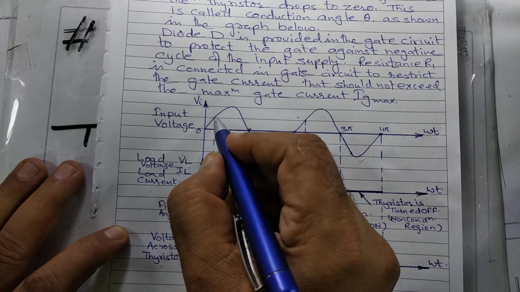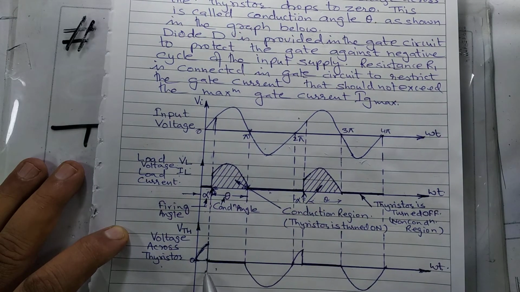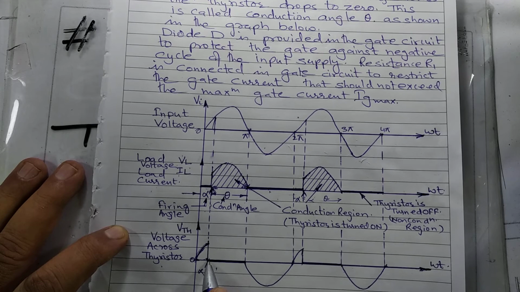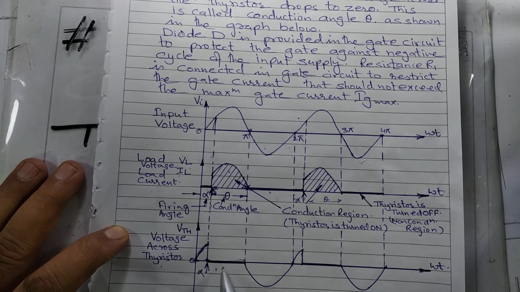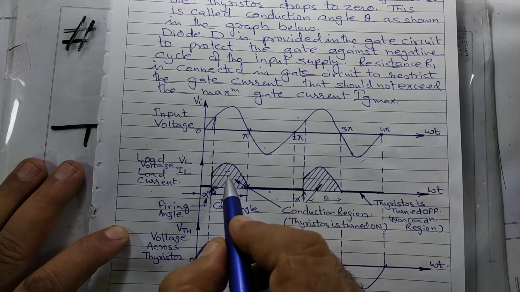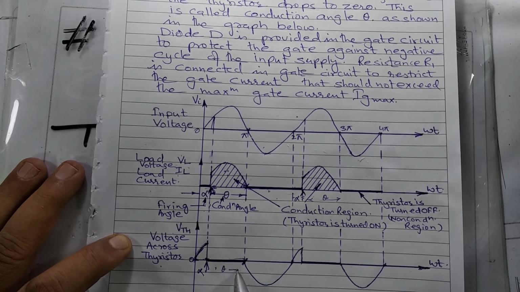At this particular instant, that is angle alpha, the SCR starts conducting and load voltage appears after this point. So the voltage across thyristor becomes 0, whereas the load voltage and load current appear. Now up to this point, there is conduction. This is called conduction angle theta.